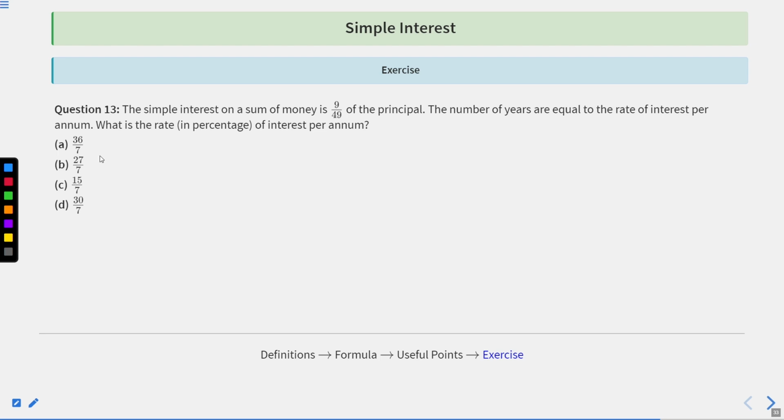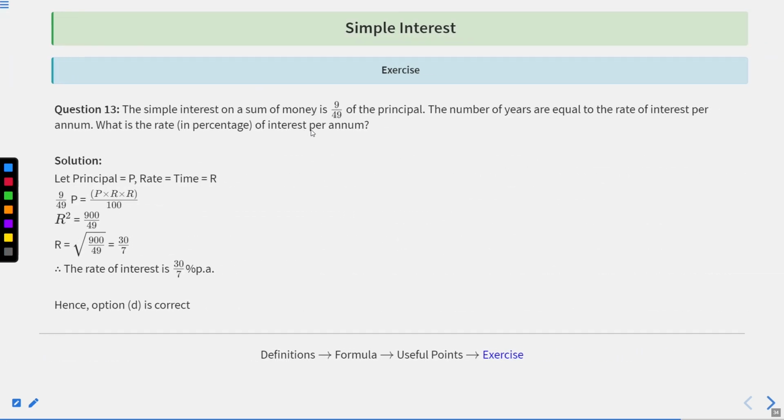Question number 13. The simple interest on a sum of money is 9 upon 49 of the principal. The number of years is equal to the rate of interest per annum. So what is the rate in percentage of interest per annum?